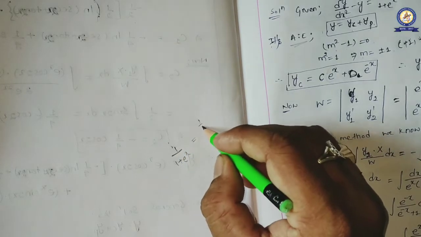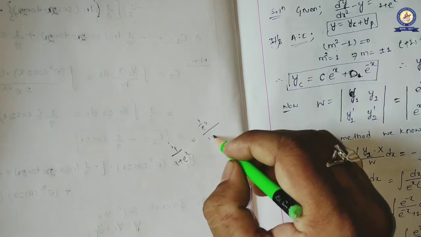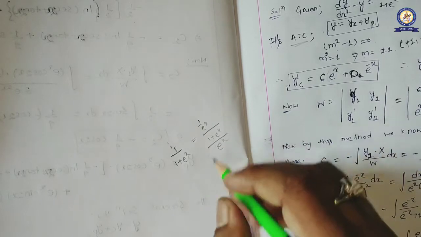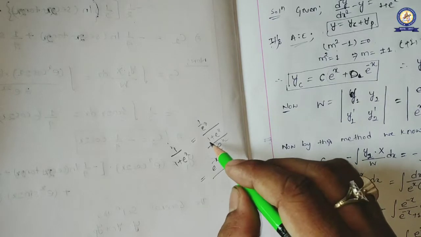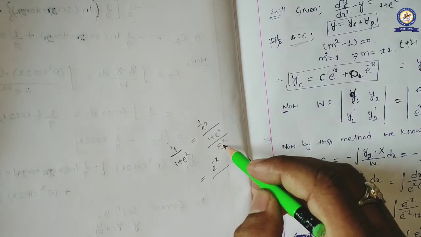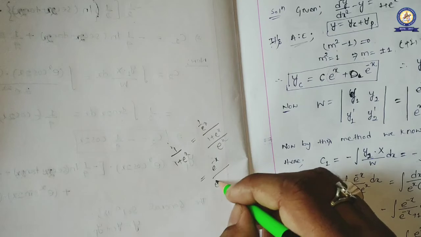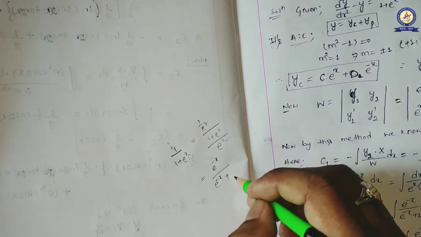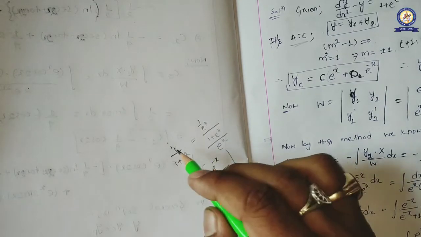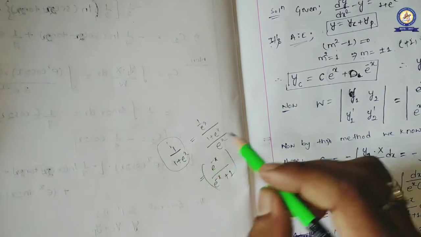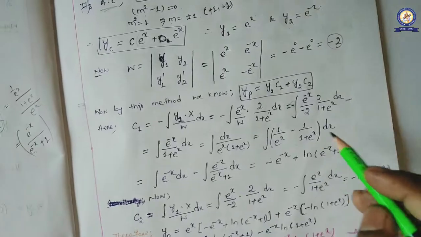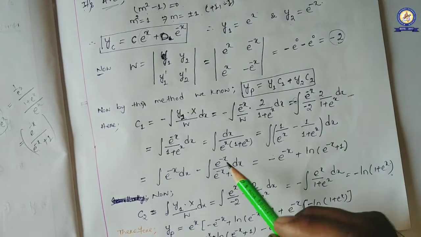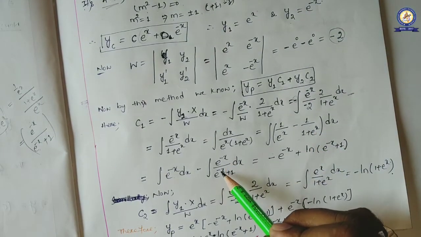So that is 1 by e to the x, 1 plus e to the x by e to the x. Then what will it be? E to the power minus x over, here you can see each term I divided by e to the x, so this will be e to the minus x plus 1, right? So 1 by 1 plus e to the x can be written as e to the minus x by e to the minus x plus 1.